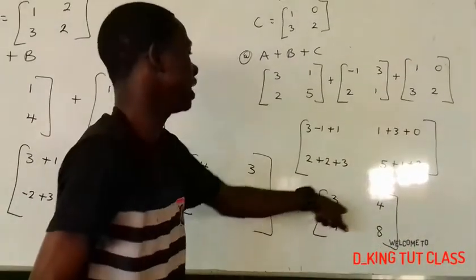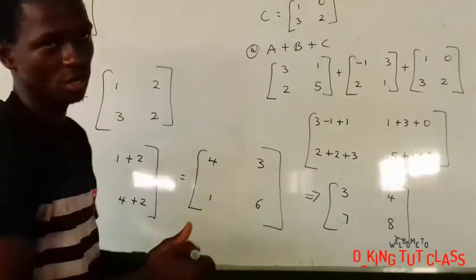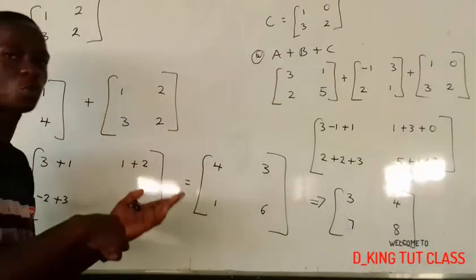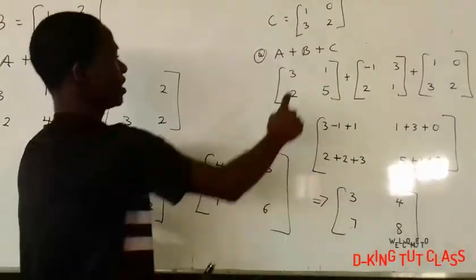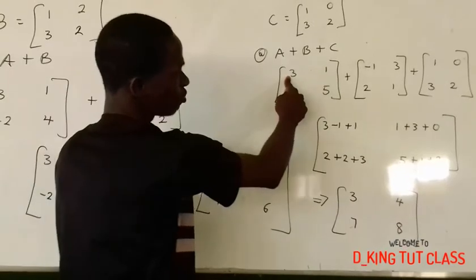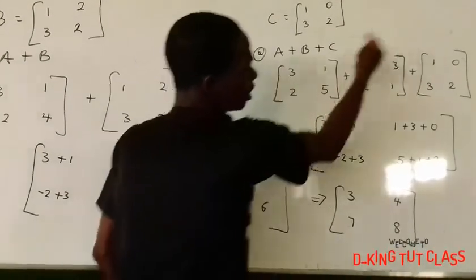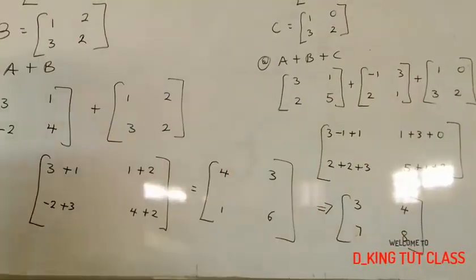So we're having 3, 4, 7, 8. That's very, very simple. Just take note of the logic. In adding or subtracting, you add based on the cells. That is, if you are taking row 1, column 1, you have to add it up with row 1, column 1. Never add row 1, column 1 with another entry. You understand? So let's look at the subtraction aspect.